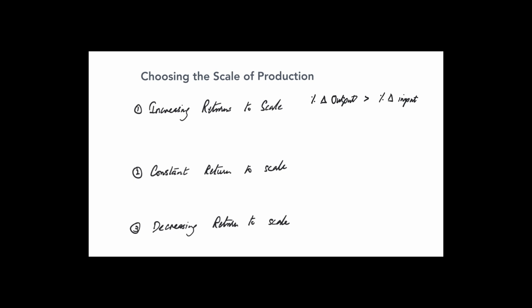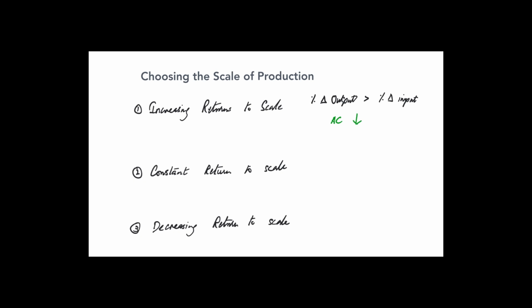If you increase your input by 50% and your output is increasing by, say, 100%, you have a return to scale of about 2. And what that 2 really means is that for every 1 input, you are getting 2 output. That's an increasing return to scale. That's a very favorable situation. In fact, from the cost point of view, your average cost is going to go down.